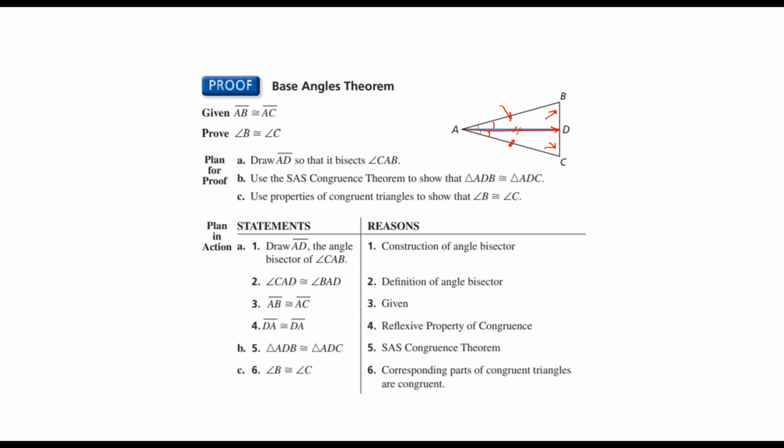So now we've got a congruent triangle on the top, a congruent triangle on the bottom. Well, what does that mean? Corner C has to be the congruent angle with corner B. By first proving that side angle side exists, by making an angle bisector, we end up learning that corresponding parts of congruent triangles are congruent. That is what Miss Carter abbreviates as CPCTC. Corresponding parts of congruent triangles are congruent. And so angle B is congruent with angle C.